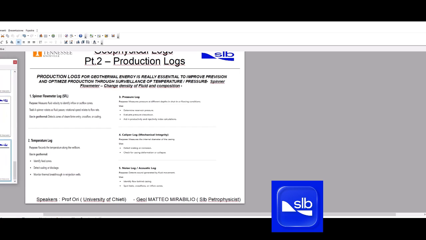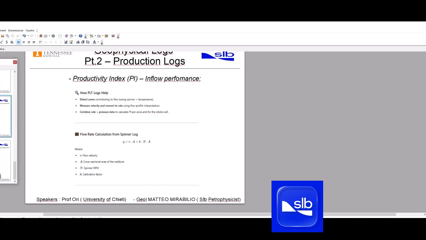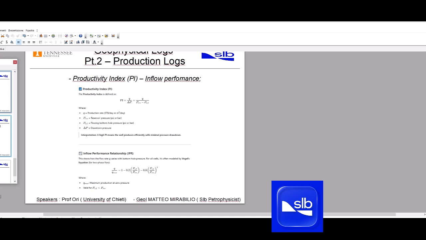So it is a ratio between production rate, STB per day or cubic meters per day, and this difference, reservoir pressure minus flowing bottom hole pressure.